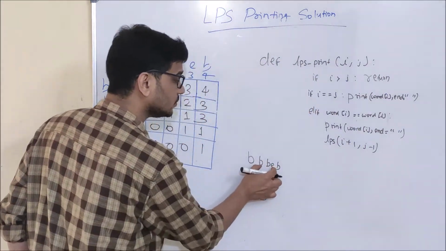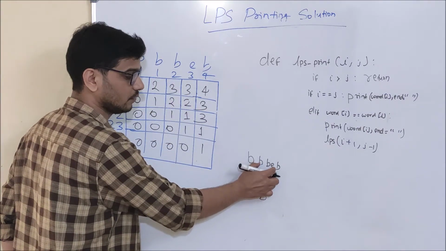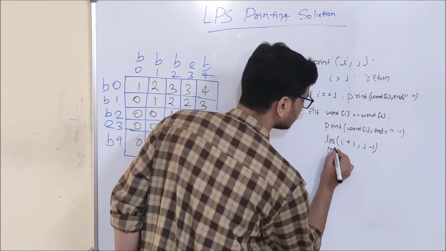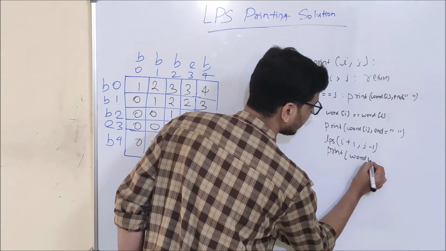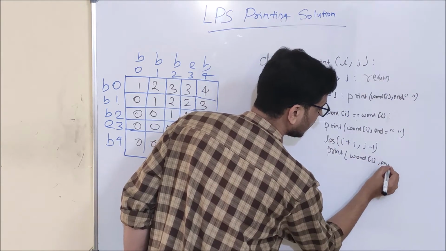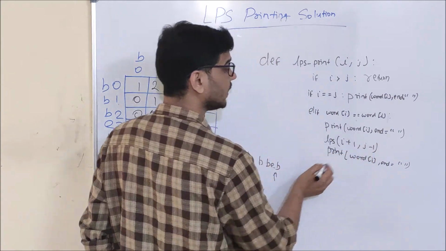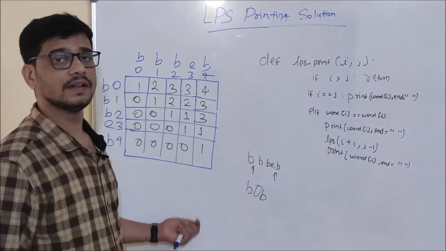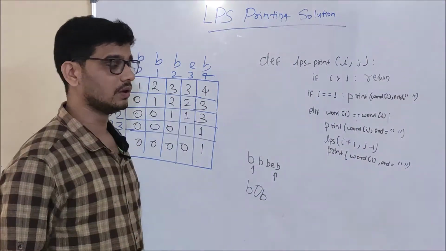And again, once we have the LPS printed for this particular string, I will print this B. Print word at I and end equal to nothing. And friends, you may have noticed here also what I am using. Even if you use word of J, it doesn't matter because both the characters are the same.